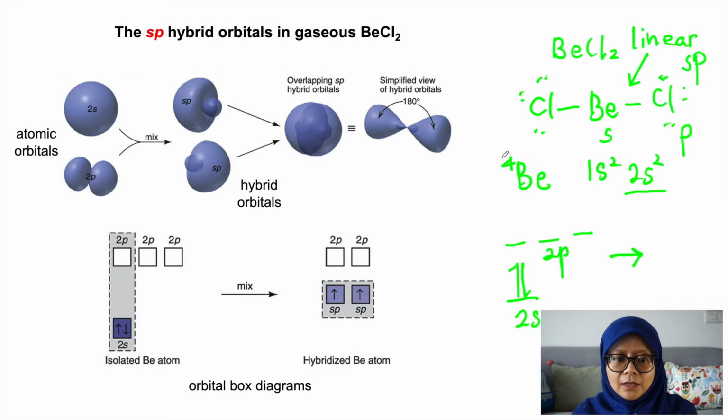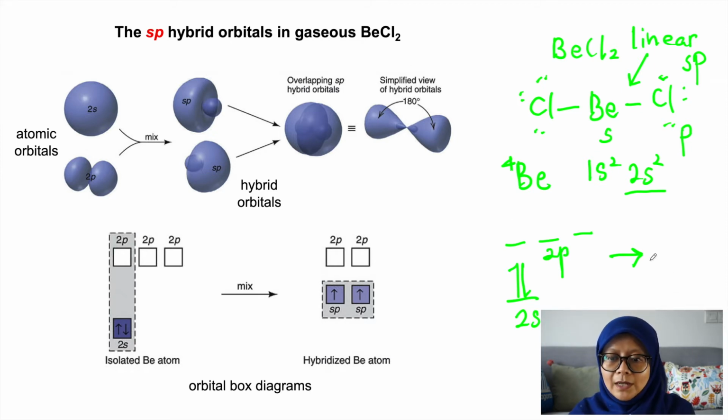So what happened here? When there is overlapping of orbitals between s and p, we have what we call excitation of electron. One electron from the 2s will excite to the higher orbital, which is the 2p.